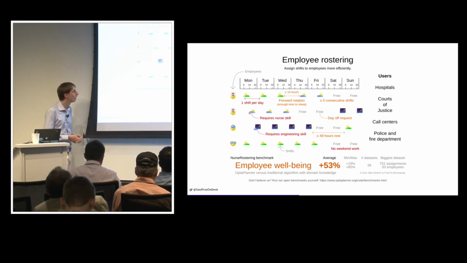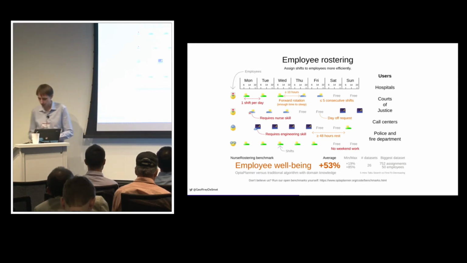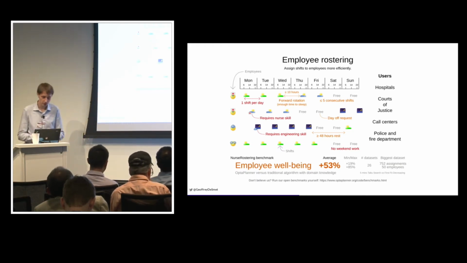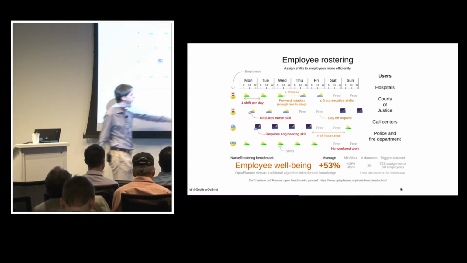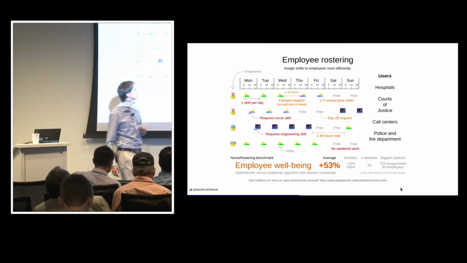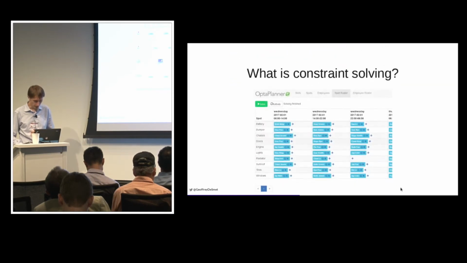We don't magically fulfill all of the day off requests, but we can say yes more than half the times more, which is nice. You can see there's a big difference there. We had 26 data sets. They're not that big. They only go up to 750 assignments in that particular data set. But I've worked with much bigger data sets too, just not something I can publish.